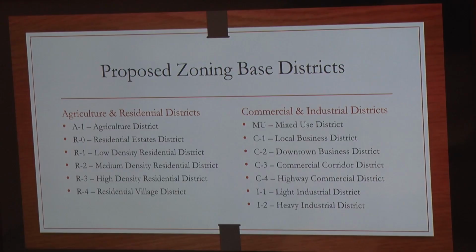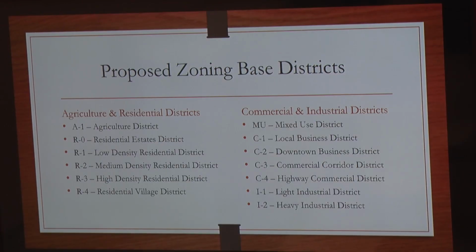And then our current C3 district was broken into two separate districts in this proposal. If you can imagine the area around Walmart and Menards, that's a very different character than if you look at, say, Russ's Market, closer to downtown. That's a very different character than what you have farther up north along the highway.